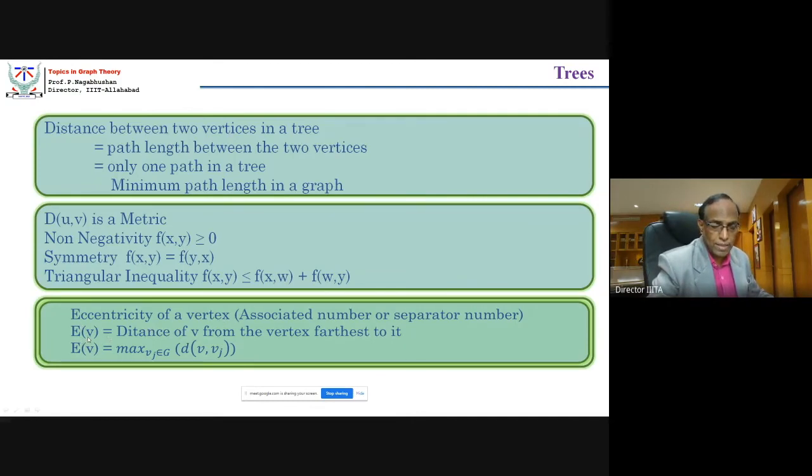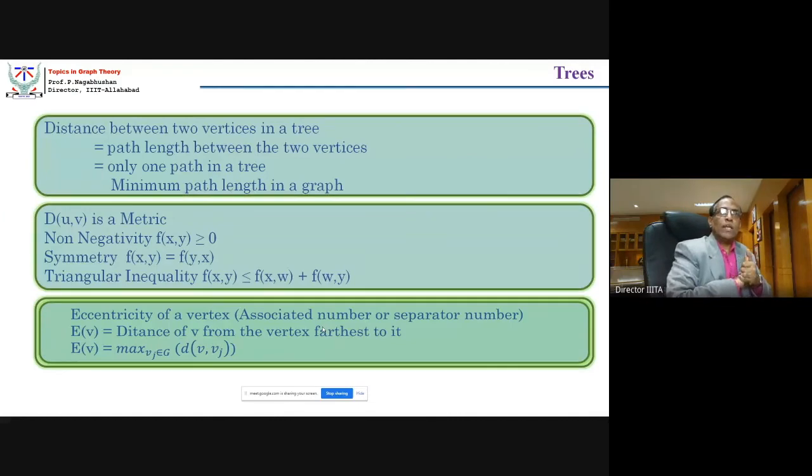The eccentricity of any vertex V is its distance from the farthest vertex. Visualize a graph and consider a vertex; there is one vertex which is at the farthest point from it. The distance between this vertex and the vertex placed farthest from it is the eccentricity of the vertex. Is that clear?